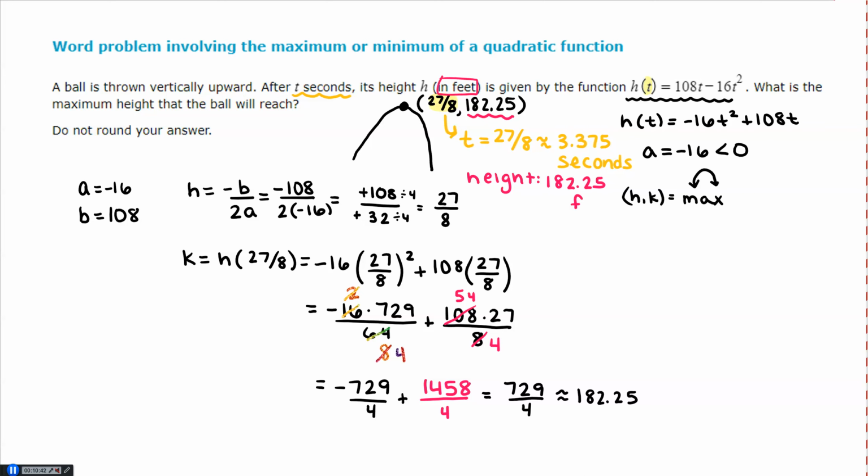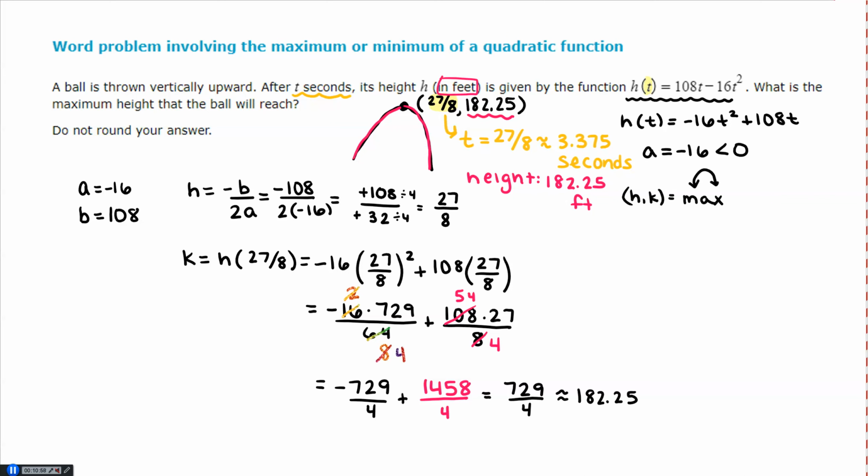So the ball goes up for 3.375 seconds, gets up to 182.25 feet, and then starts falling down, down, down. So now let's answer the question.